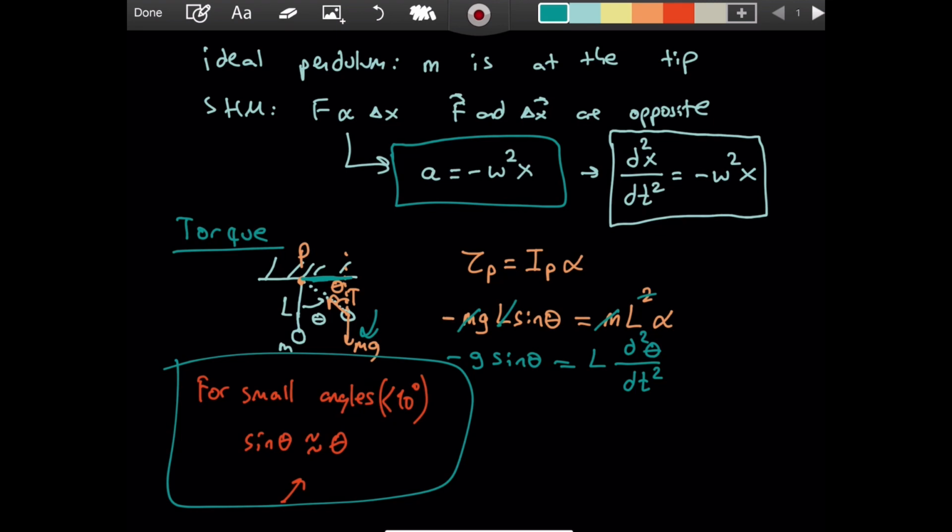So then, instead of sine of theta, we can write theta. So we have negative g theta. I should have put approximately equals, but I'm just going to put equals, okay?